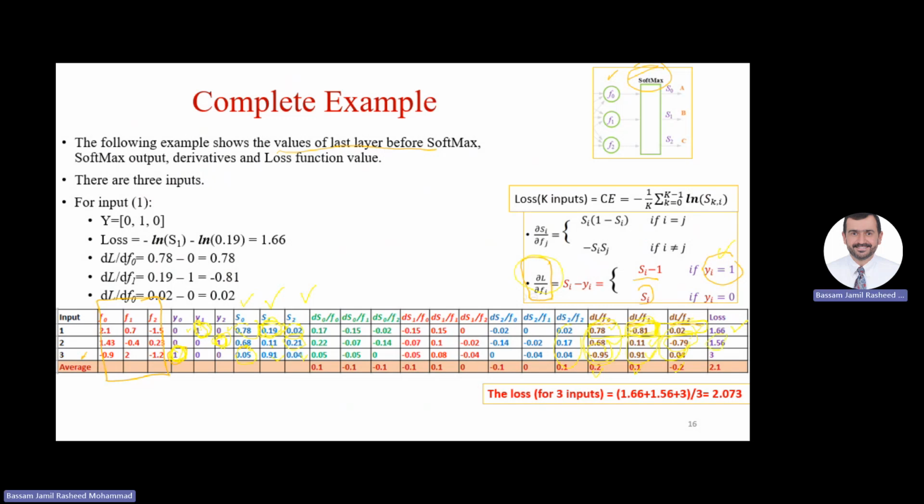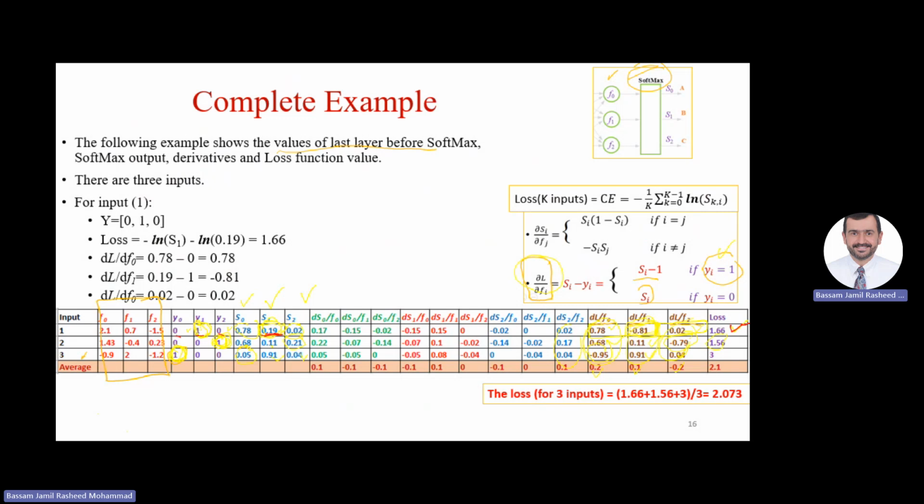You go back to the input. Where is the correct output here? Let's change color. Say I use red, for example. So let's go back. For the first loss, how is the output here? 0, 1, 0. So I take the ln of this number, negative.